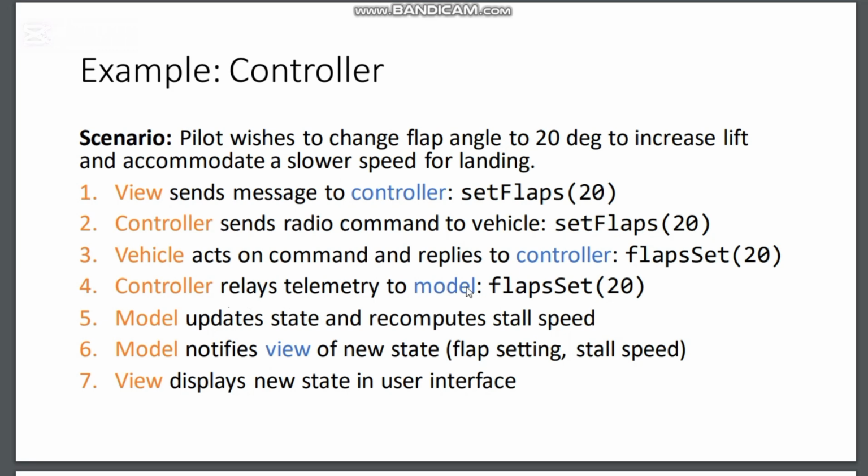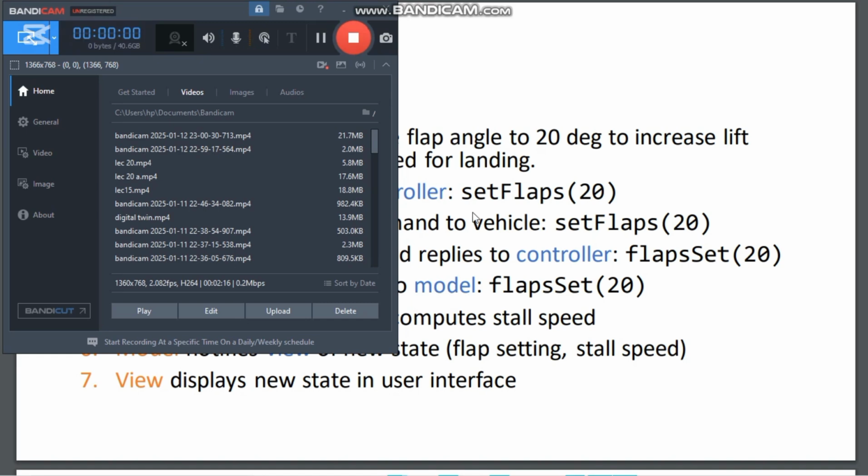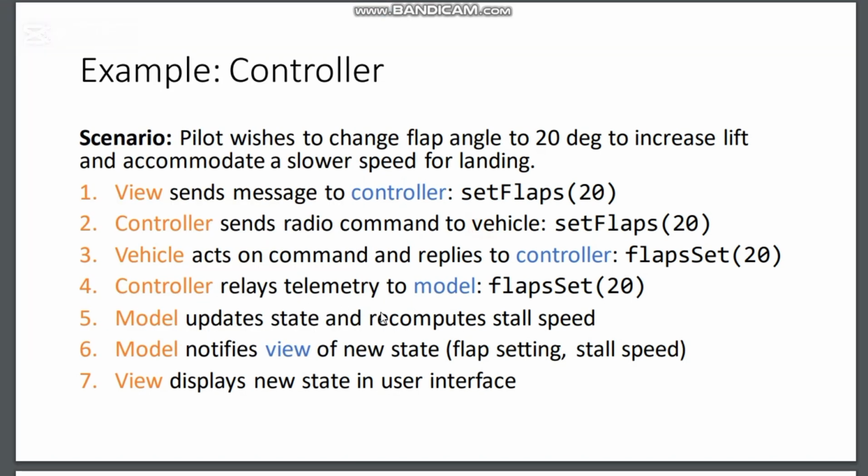Basically, it gives the state to the model. The model updates the state and recomputes stall speed. Then the model notifies the view of the new state, and the view displays the new state in the user interface.